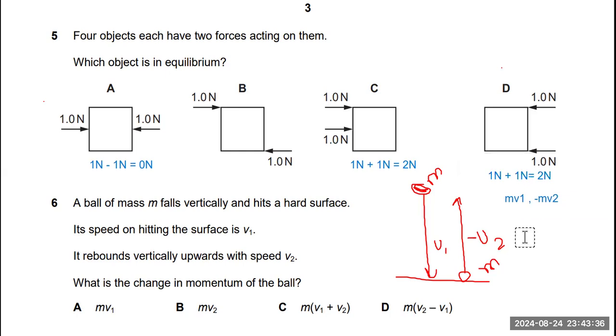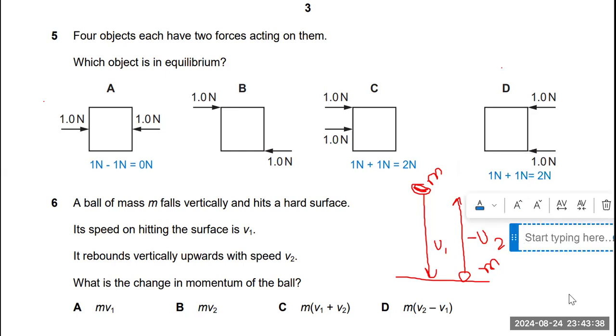So I will write here mv1 minus, minus mv2. Okay, mv1 minus into minus will be equal to plus mv2.